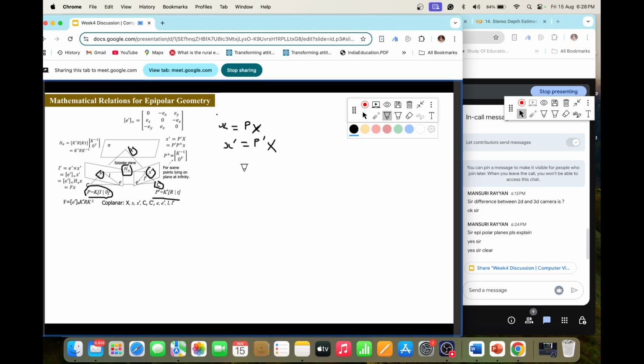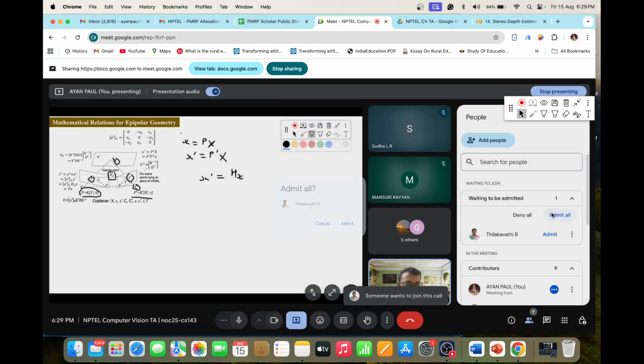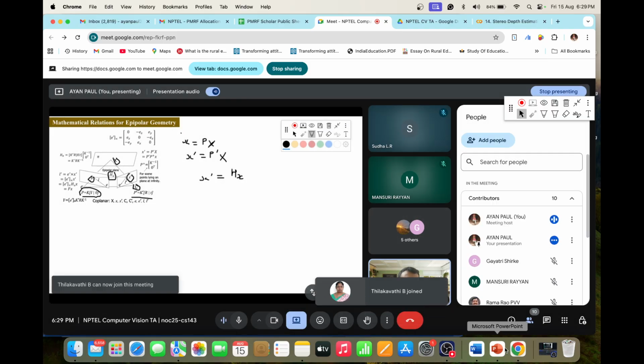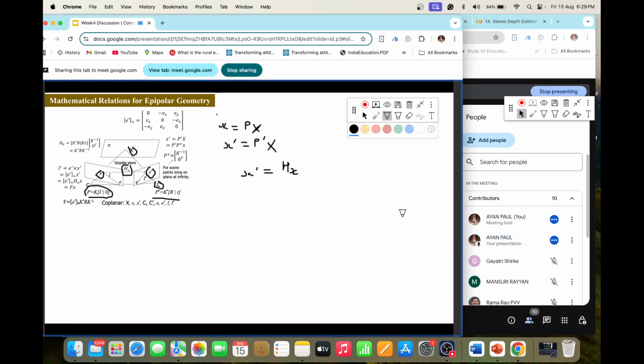So again, we have already studied this also, right? x dash equals Hx, that also we have discussed. x is nothing but one point in one space, and x dash is the same point that is projected in another homogeneous space.